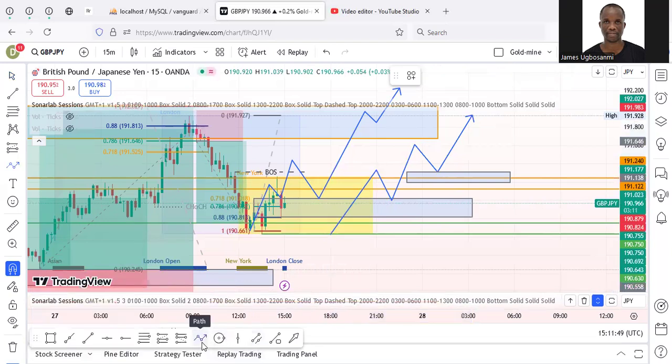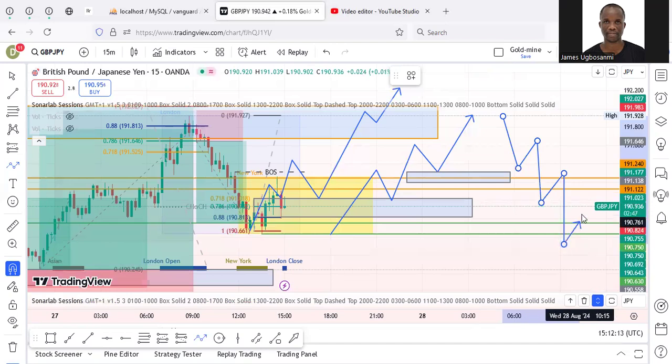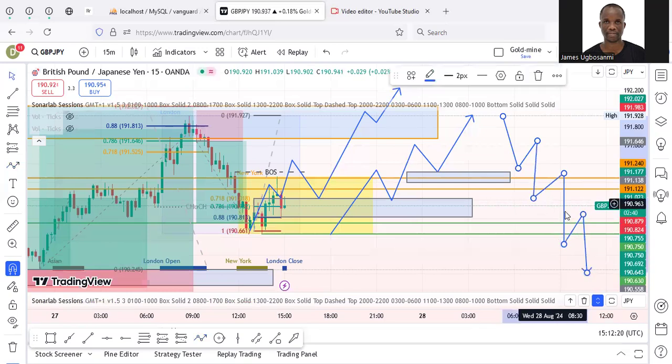Now let's do the sell. A sell will look like this. Let's say a structure like this, and let me end it here. Right?